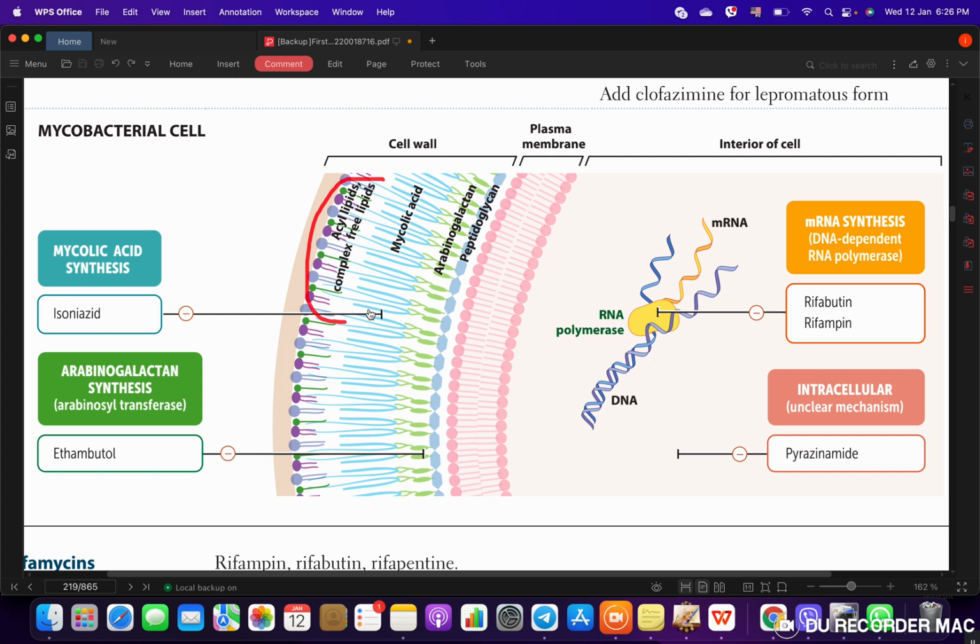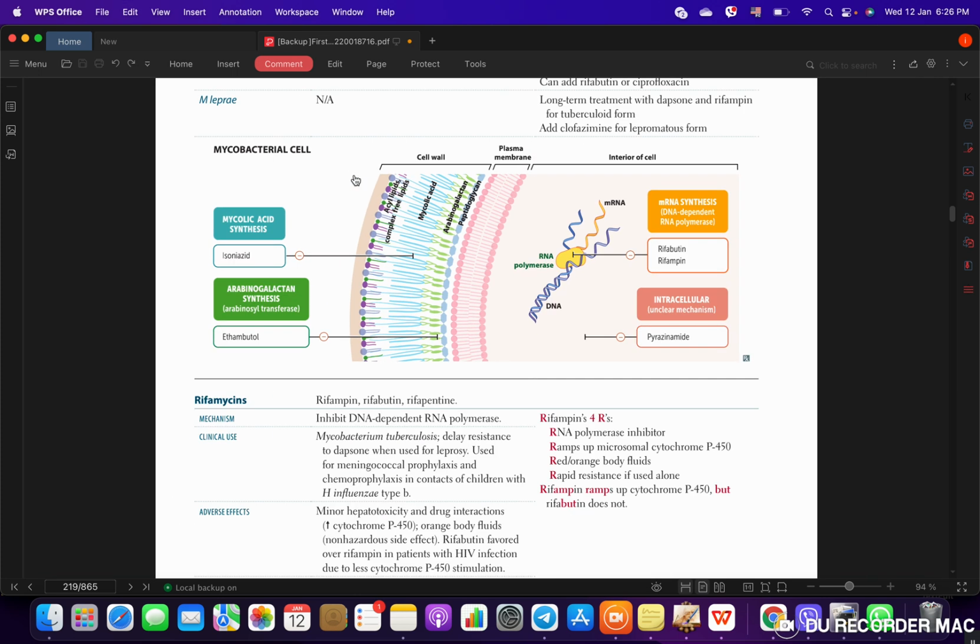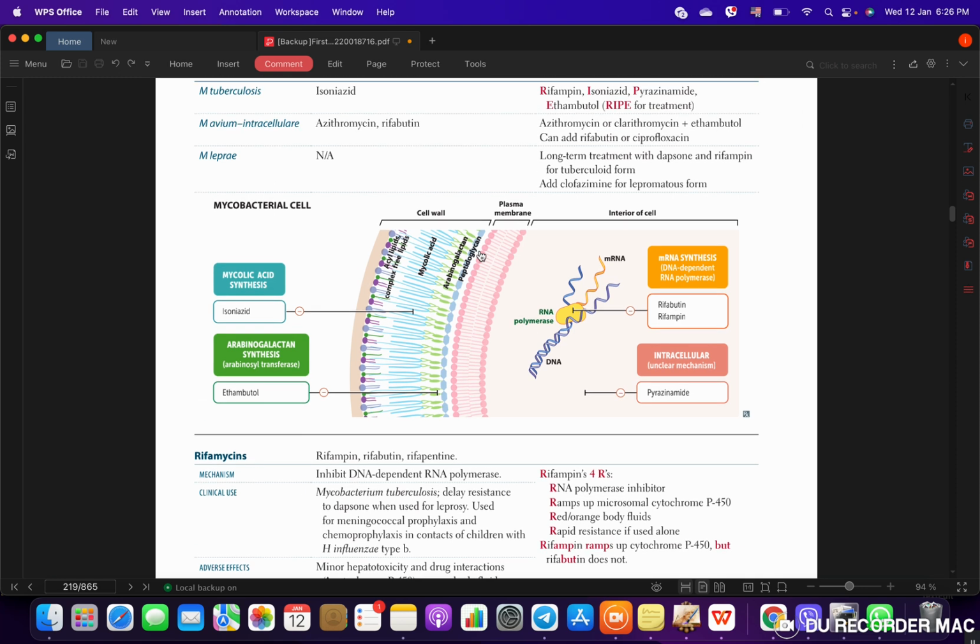And finally, we have the lipid layer. So, as you can see, the Mycobacterium cell wall is quite complicated. It's not like an easy peptidoglycan layer with a cell membrane and cell wall, and that's it. No. The cell wall has so many things. It has 4 structures, not 1.